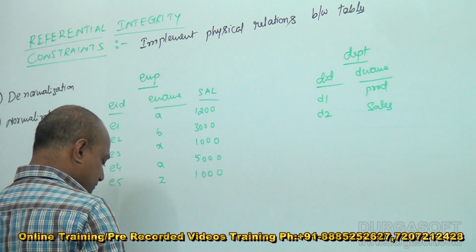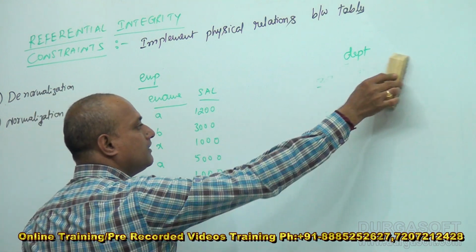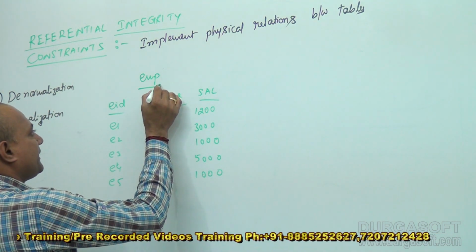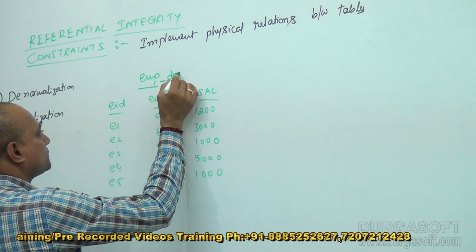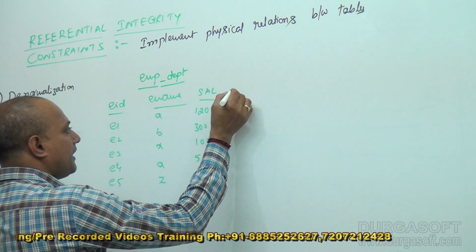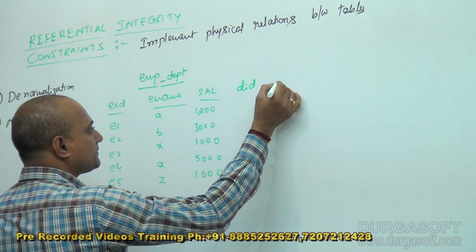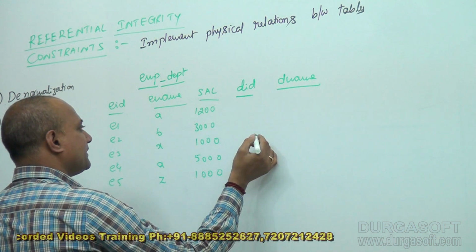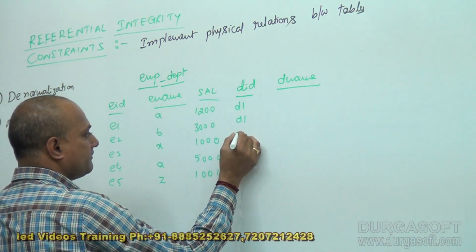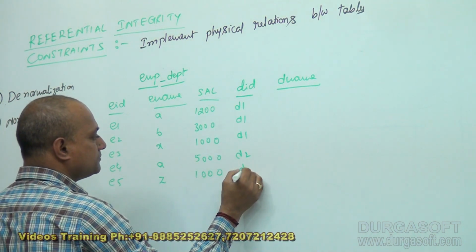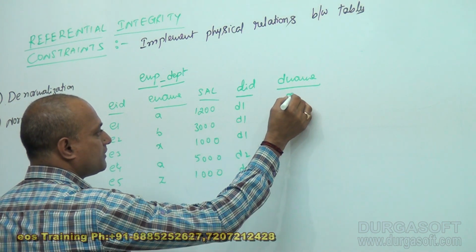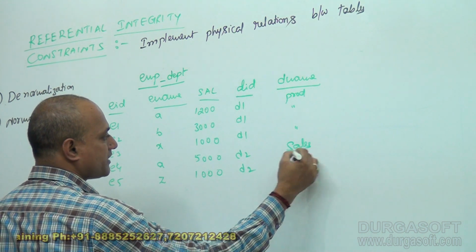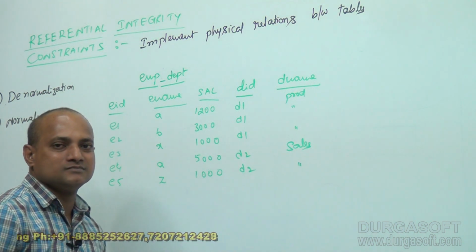Instead of maintaining two tables, let me create a single table. My table name is EMP_DEPT, and my additional columns are department ID and department name. The department IDs are D1, D1, D1, D2, D2. Here production, production, production, and here sales, sales.